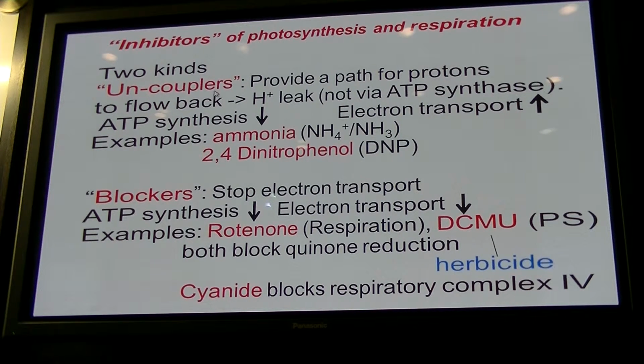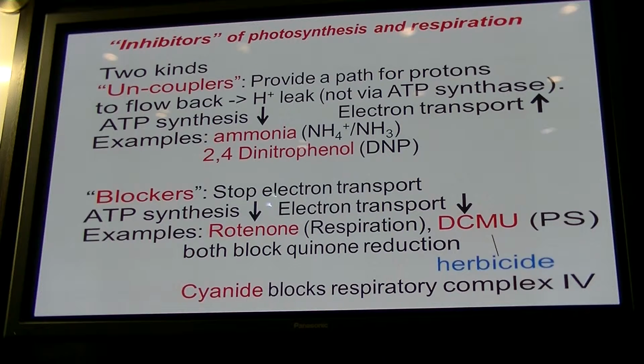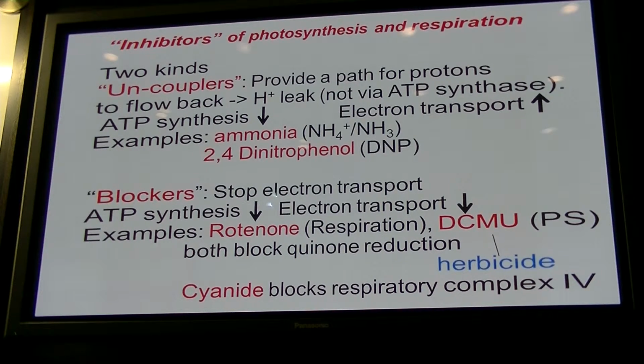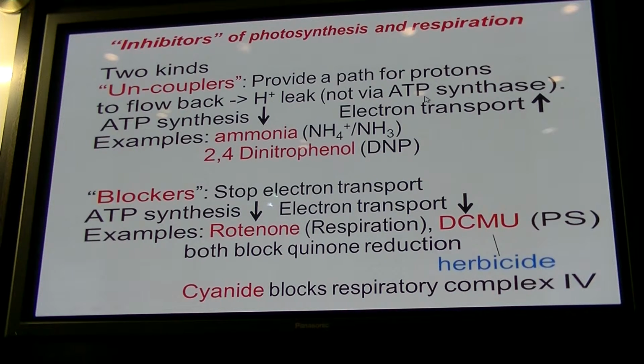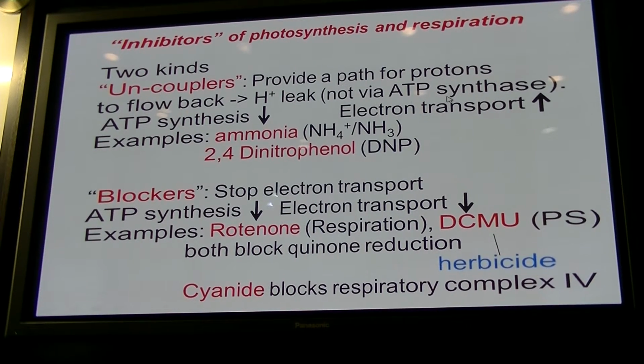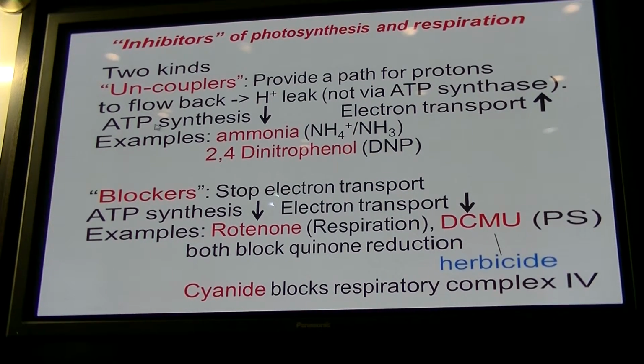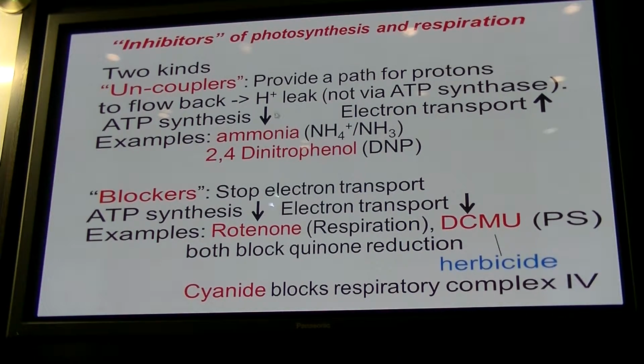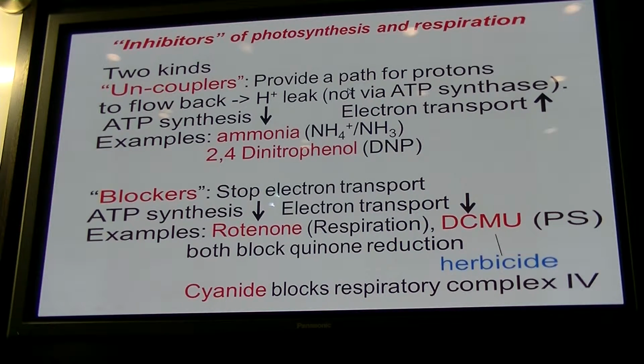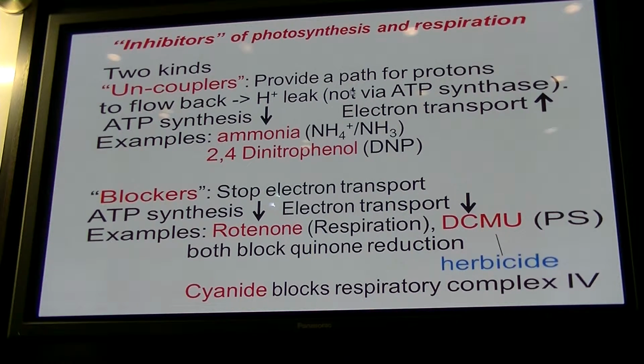We can have the so-called uncouplers. These are molecules that provide a pathway for protons to leak back over the membrane without going via the ATP synthase. So if we have this type of molecule in the system, we're getting reduced ATP synthesis because protons move outside of the ATP synthase.